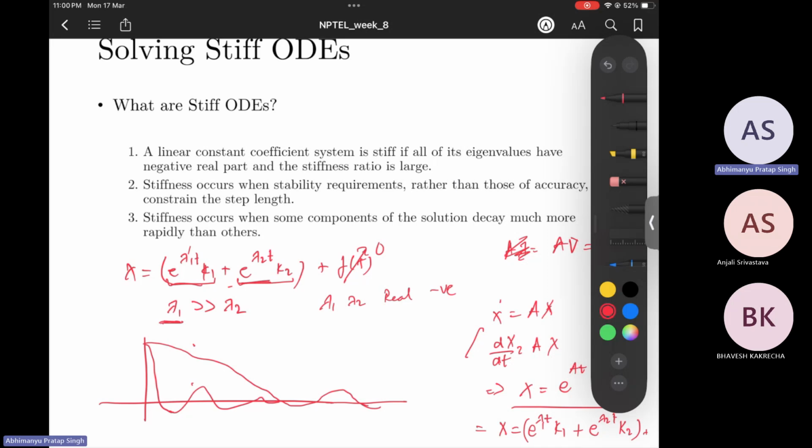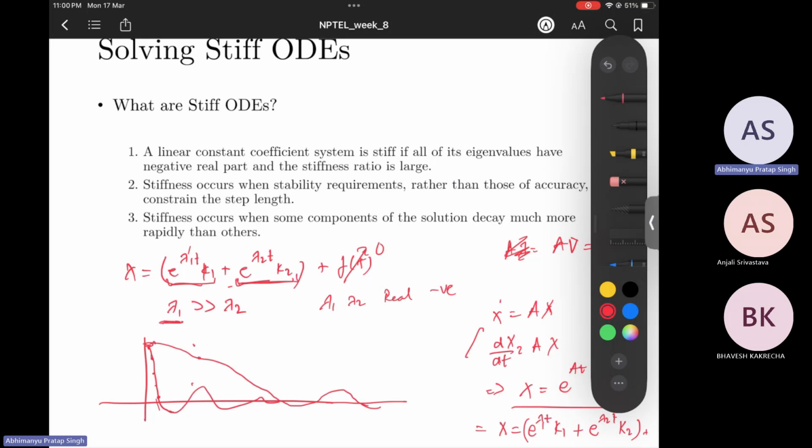The problem is that ODE45 will try to maintain the error tolerances for this faster time scale, because this transient is decaying very rapidly as compared to this. So for this we need very small time steps, but for the same time step, the other part does not change a lot.